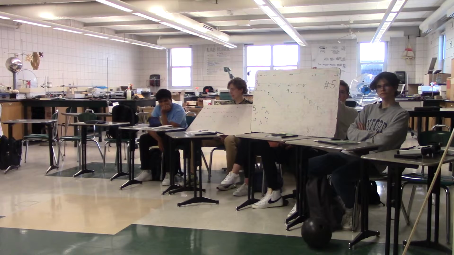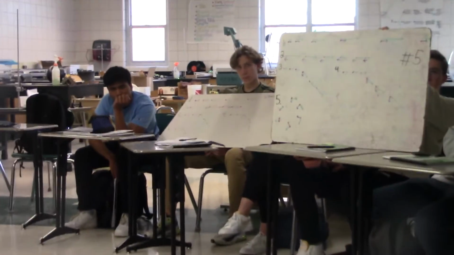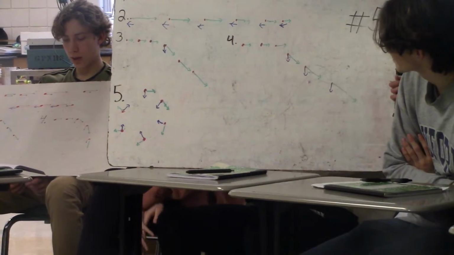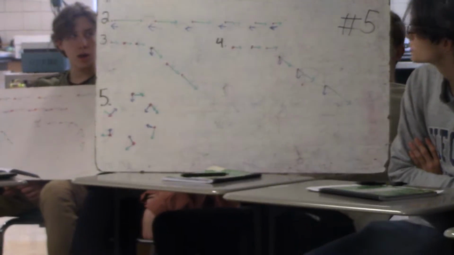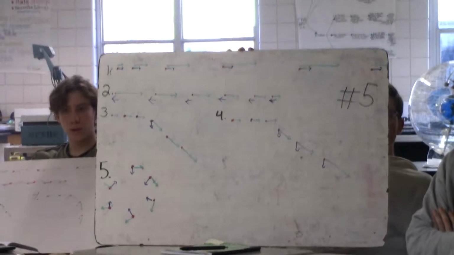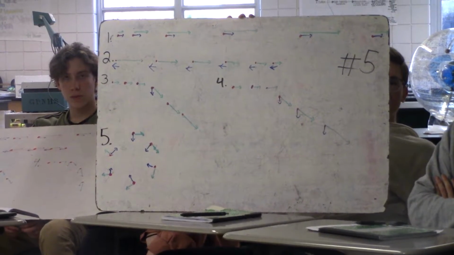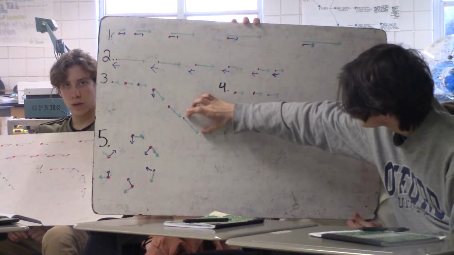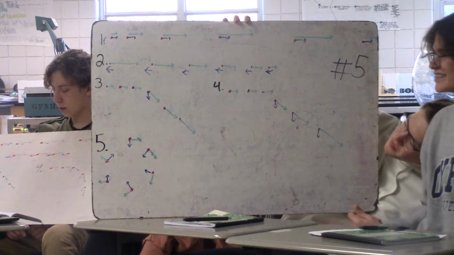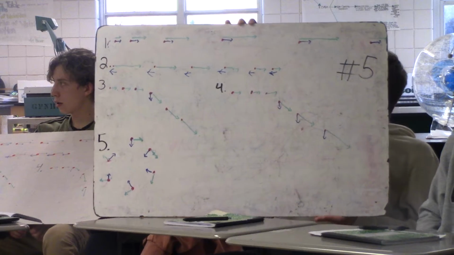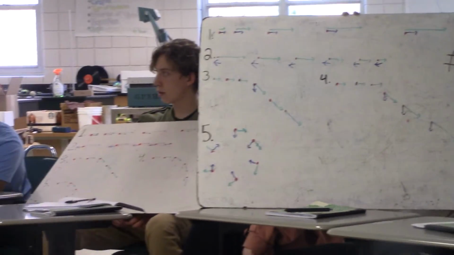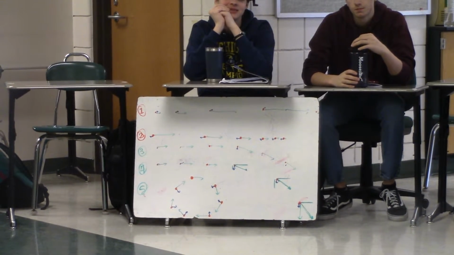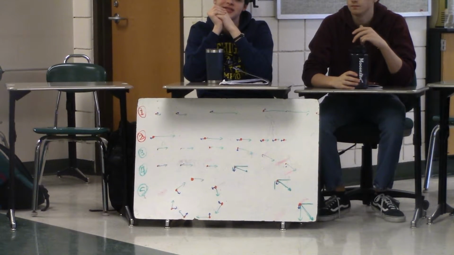Is that what you guys have represented on your board here? I believe so. I think we said it was speeding up after it got hit. I agree that after it's hit, it speeds up, because the unbalanced force is increased.